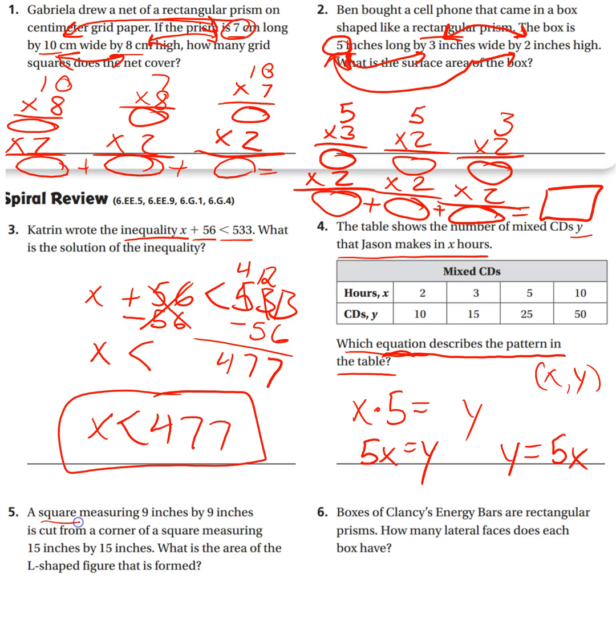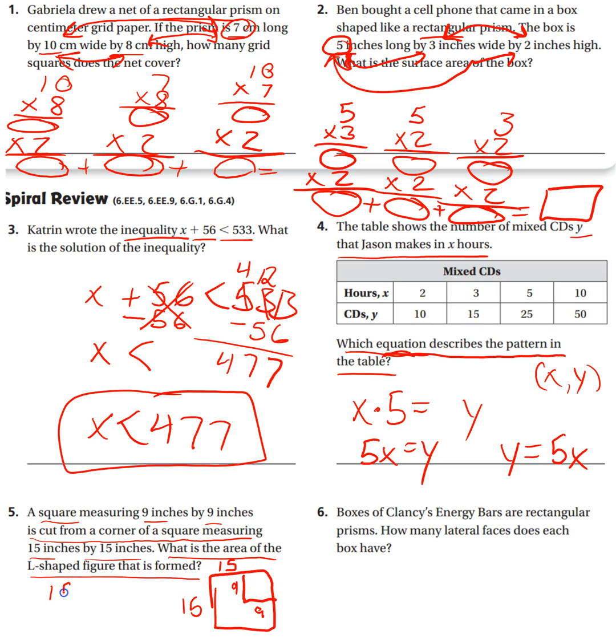Okay, number 5, a square, so I know all the sides are the same, measuring 9 by 9, is cut from a corner of a square measuring 15 by 15. What is the area of the L-shaped figure that is formed? So we have a big square that's 15 by 15, and then they cut out a 9 by 9 of that.